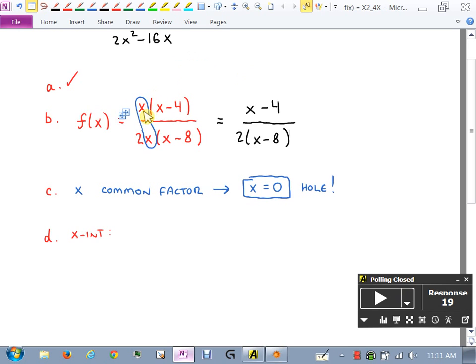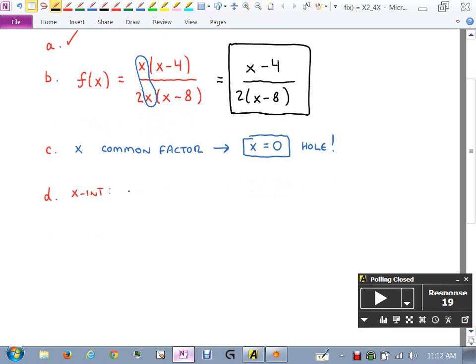If we included this x, then we would actually say that we have an x-intercept at 0. But we just said we have a hole. So you can't have both. So when you're setting the numerator equal to 0, you're working off of this completely factored and fully reduced form of the rational function.